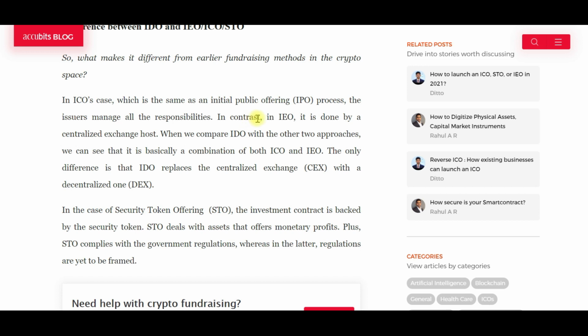But then in contrast, in IEO, it is done by a centralized exchange host. So if I decide to go and do my coin offering with Binance, right, an IEO, Binance takes care of all the transactions, right, and then takes care of issuing out all the tokens. So all I have to do is to tell Binance, see, I want to sell 10 million of my tokens, right, at this price.